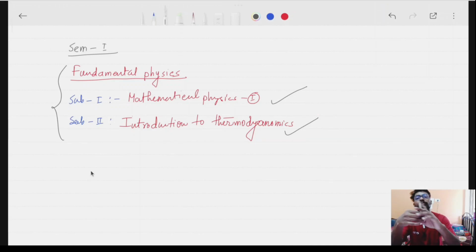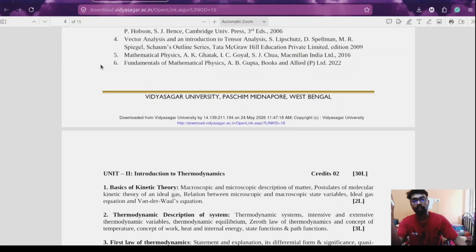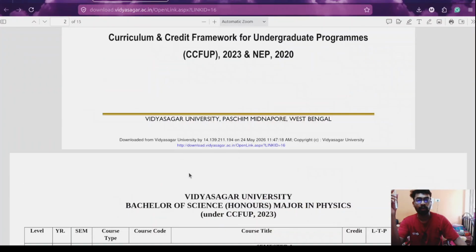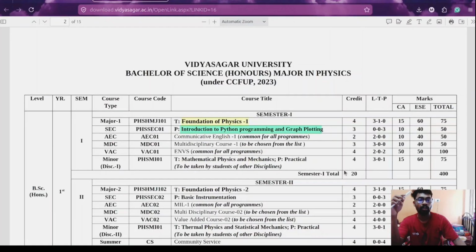important topics. This is the fundamental part, and it has a weightage of continuous assessment, like internal examinations and mid-sem examinations, including 15 marks, and end-semester examinations, which have 60 marks. So the total marks is 75.